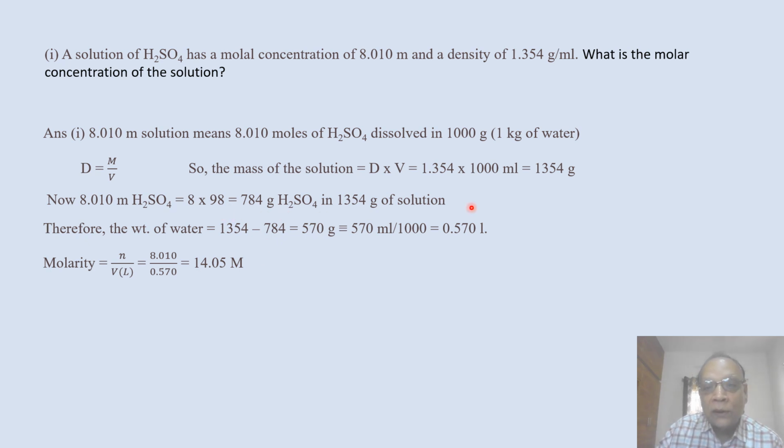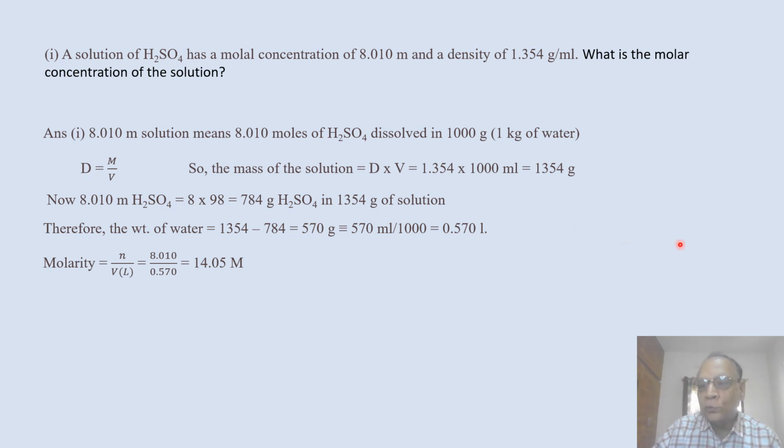The reason why we have to convert this into kg is to find how much water is present, and that has to be converted into liters, because molarity uses volume in liters and molality uses mass of solvent in kg. So 1 mole of H2SO4 in 1 kg of water is known as 1 molal.